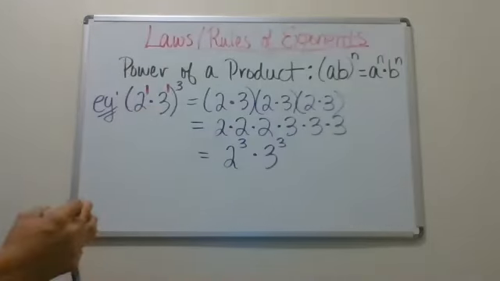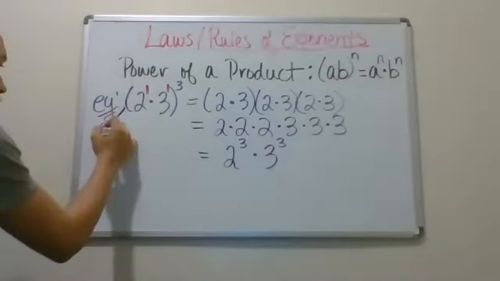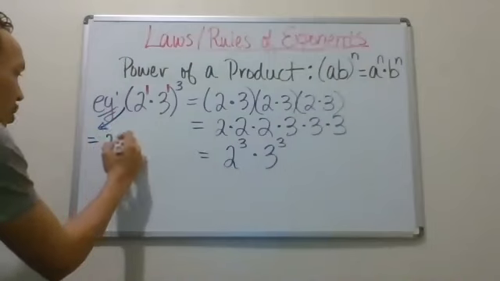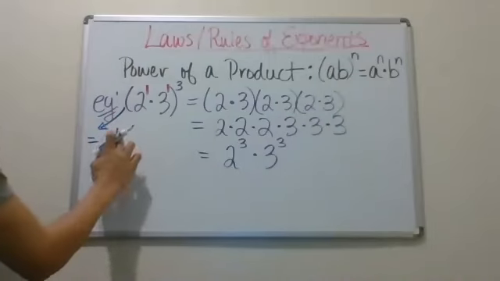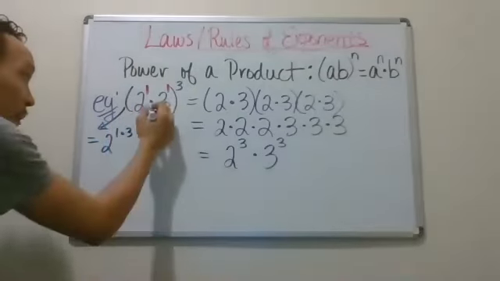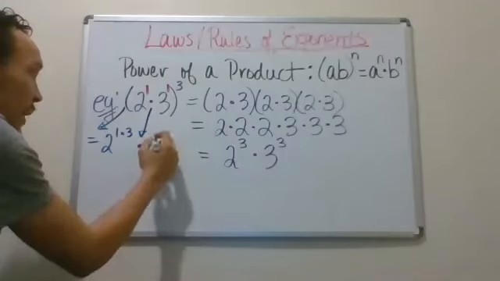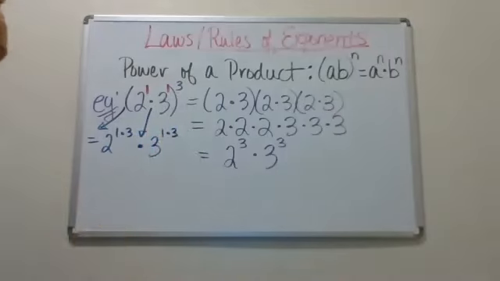So really what we are doing, we are saying that this is the same thing as saying 2 to the 1 times 3 power, times, because the operation stays the same, 3 to the 1 times 3 power.